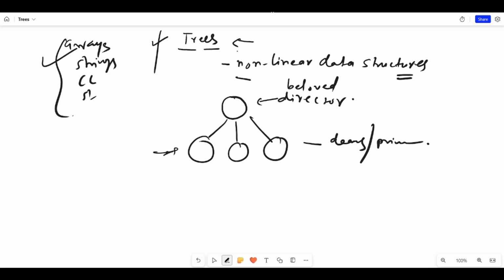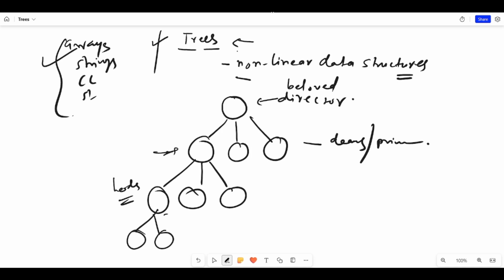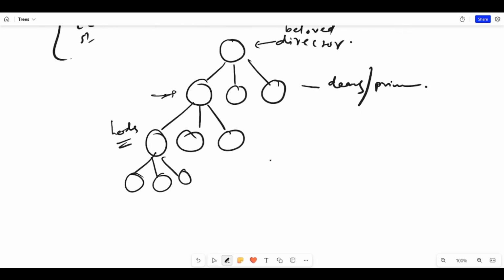And now below these principals or deans, we have HODs. Then we have teachers below these HODs, and finally we have students, right? Finally the students are here. So this is a student.